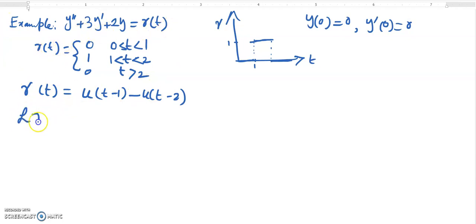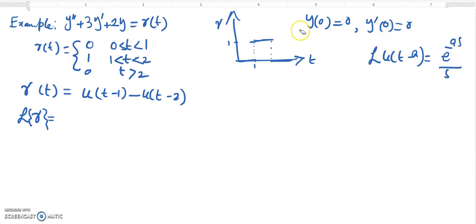The Laplace transform of this r function, because these are two unit step functions, we know that the Laplace transform of the unit step function u(t minus a) is e power minus as over s.